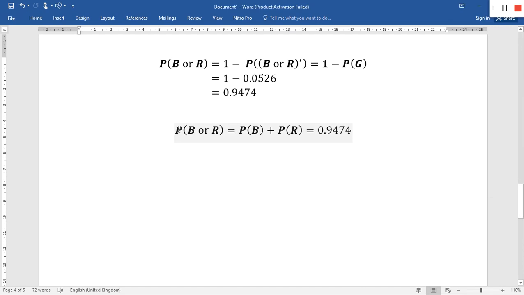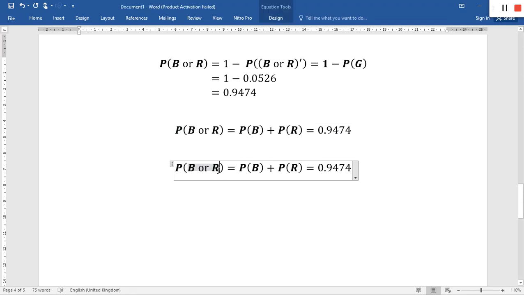If you check, the probability of getting a black or a red is this, and the probability of getting a black or even, let me call this E, is this. Since the two probabilities are the same, we still have this same familiar number that we are aware of.